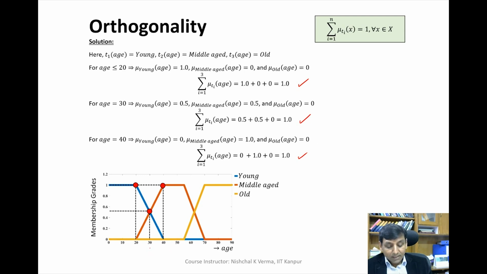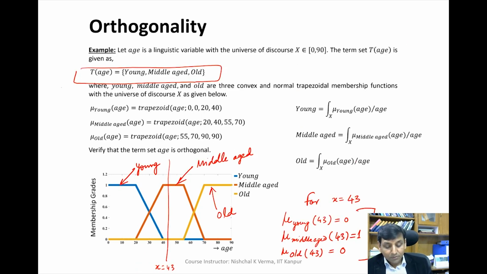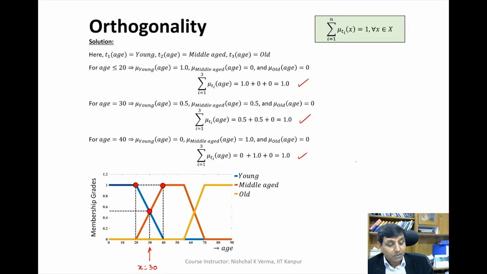Similarly, if we take x is equal to 30, the generic variable value equal to 30, what is happening?